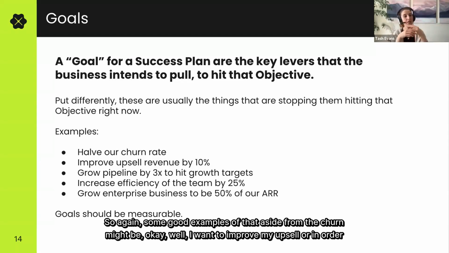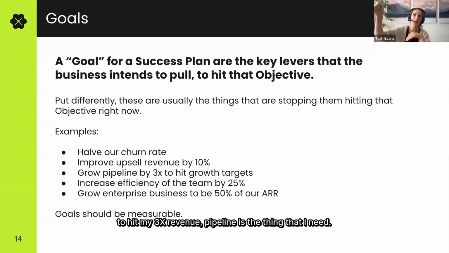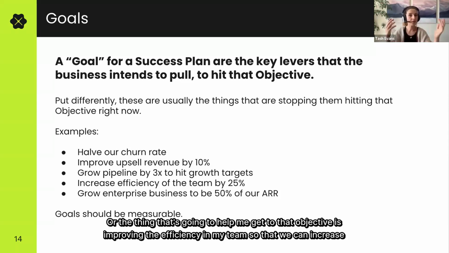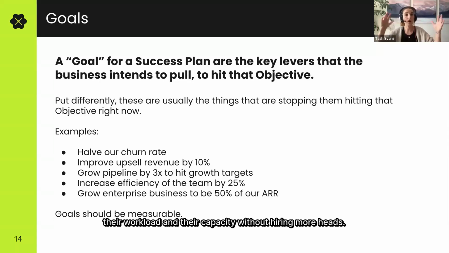So again, some good examples of that aside from the churn might be, okay, well, I want to improve my upsell, or in order to hit my 3x revenue, pipeline is the thing that I need. And so I really need to go after improving my pipeline. Or the thing that's going to help me get to that objective is improving the efficiency in my team so that we can increase their workload and their capacity without hiring more heads.